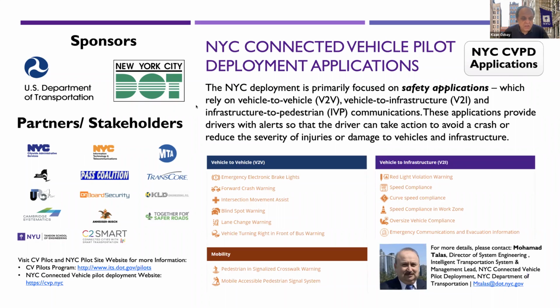On the left side, there is a link to the CV pilots program, and specifically to the New York City Connected Vehicle Pilot Program, if you want to know more about all aspects of this, beyond this focused presentation, which will deal with how to simulate this kind of scenarios.